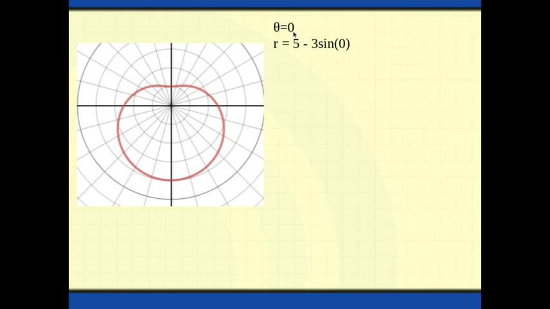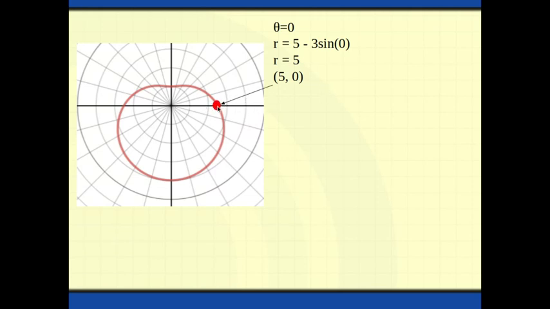Now we can just take that value for theta and plug it into the function given. So 5 minus 3 sine 0, and we should know that sine of 0 is 0. That will give us r is 5. So our coordinates are (r, theta). Remember, these are polar coordinates, not rectangular coordinates. So r is 5, theta is 0, which would be the point located here.